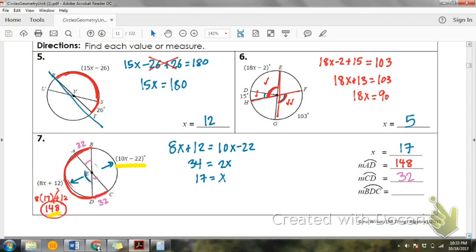And we know this angle over here is also 148 because there's vertical angles here. So if I want everything except 148, we know that together it has to make 360, right? So I can take 360 minus 148. That leaves me with 212.